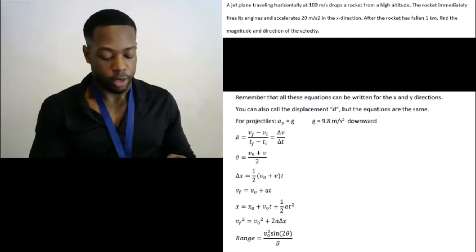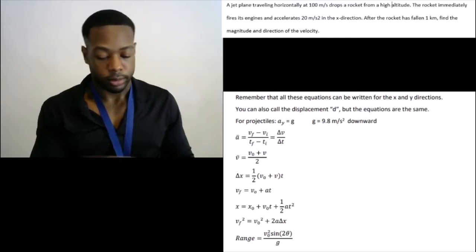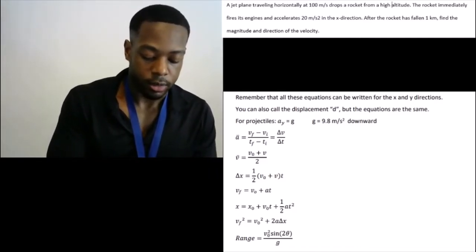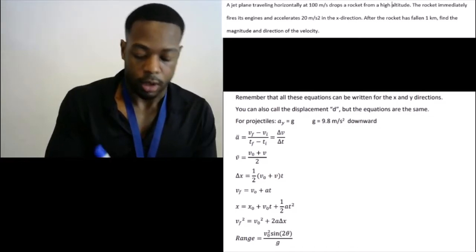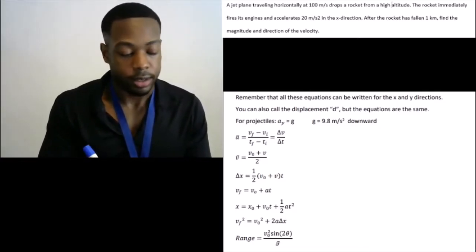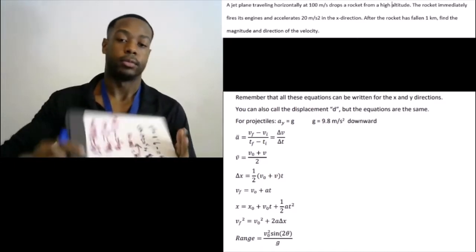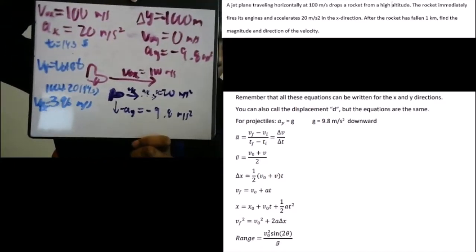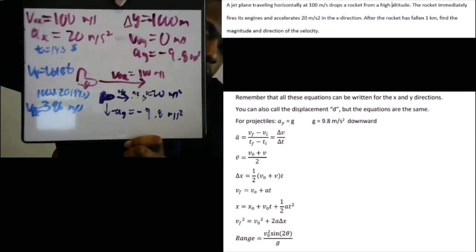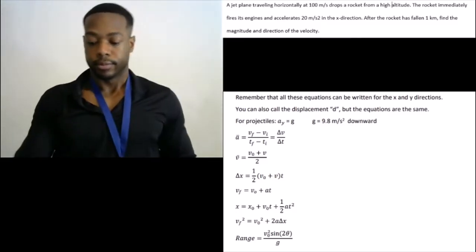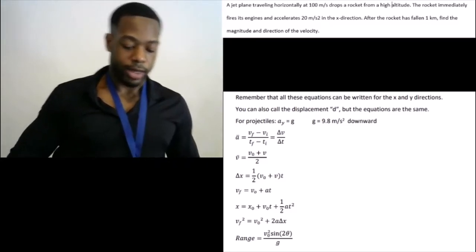I'm getting an x velocity of 386 meters per second. So did all that. Final velocity in the x direction is 386 meters per second. So you can write that at the top.